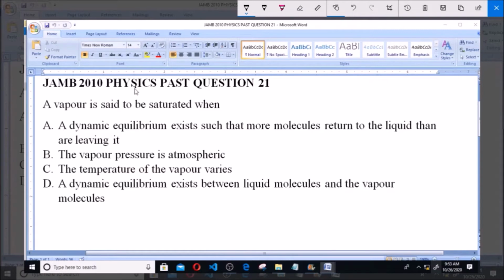Now, we're looking at what a saturated vapor is.